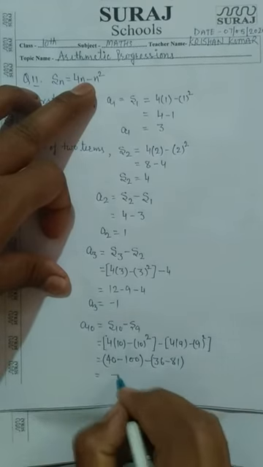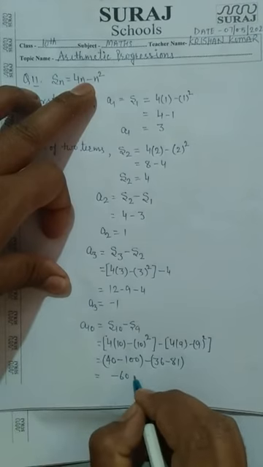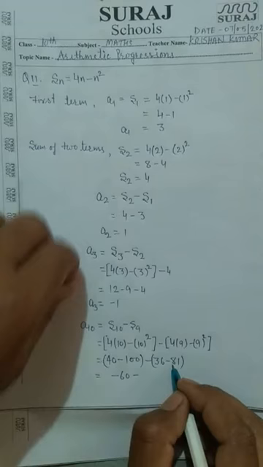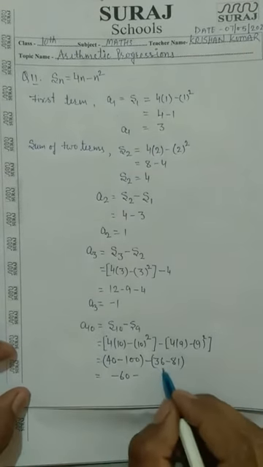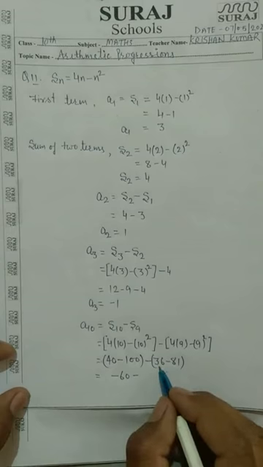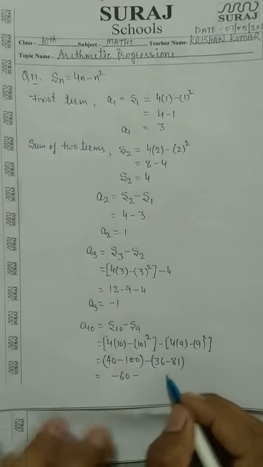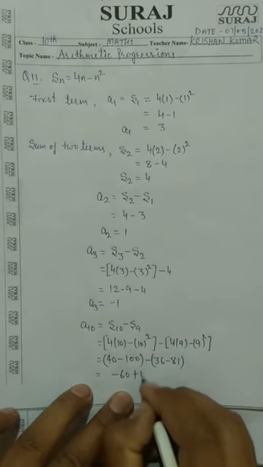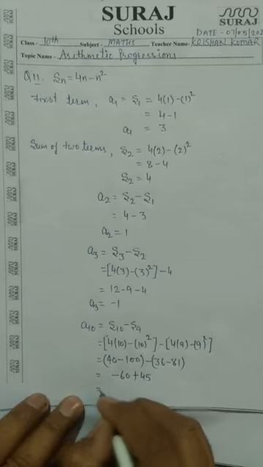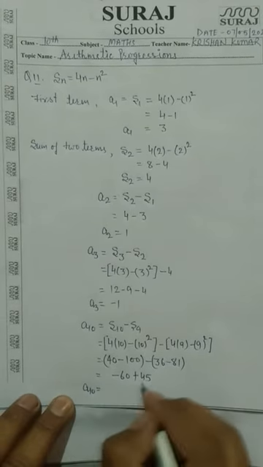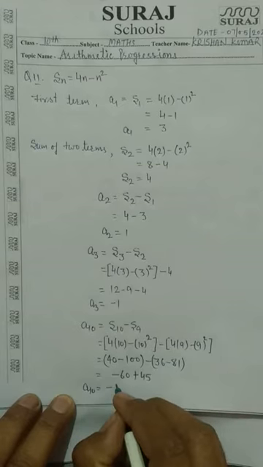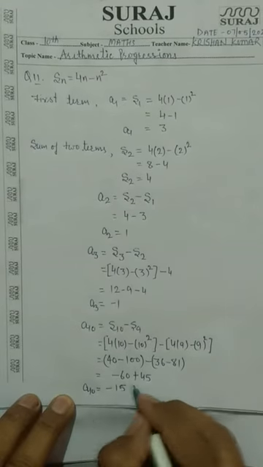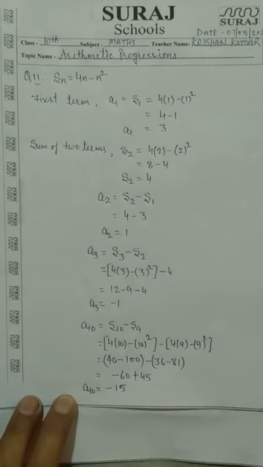That is minus 60, and that is minus. Here we subtract: 11 minus 6 is 5, and 7 minus 3 is 4. So 45 negative. Subtracting, we get the value of the 10th term, A10, as minus 15. The 10th term is minus 15. And the question also says to find the nth term.